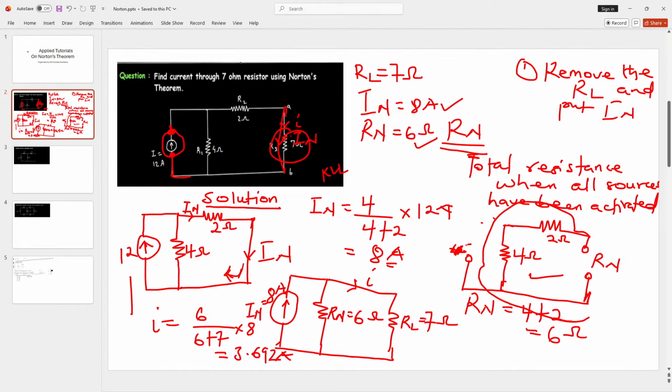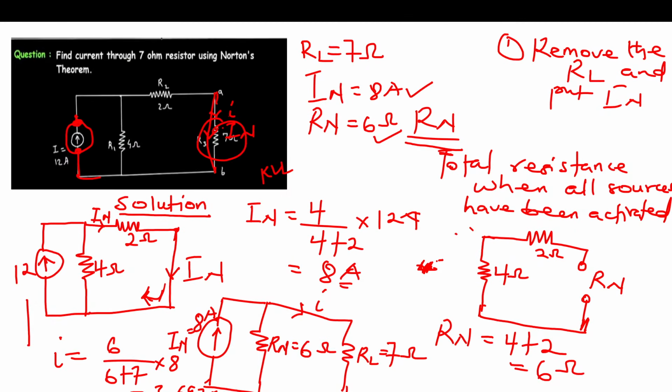So essentially, this is how the circuit is going to look like. This is what you are going to get, and then we find the total resistance looking at it this way.